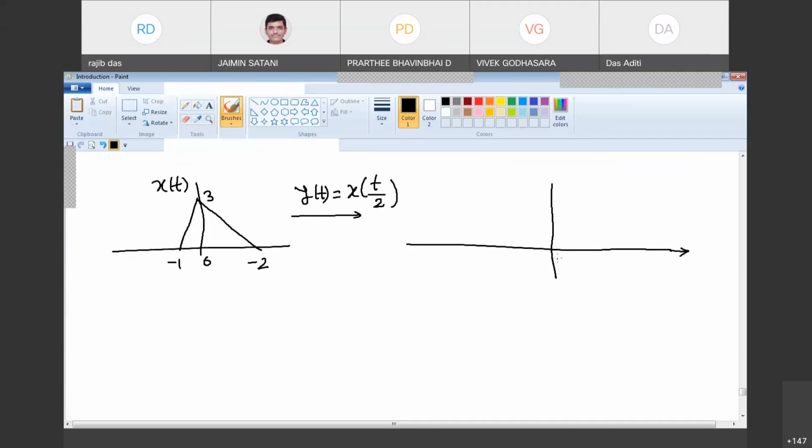So 0 will remain the same, so the origin will remain the same. It will be at 3. This plus 2 should map to 4, since it is multiplied by 2. This -1 should be mapped to -1 into 2, which is -2. So you see the figure will be like this. This is your x of t by 2.